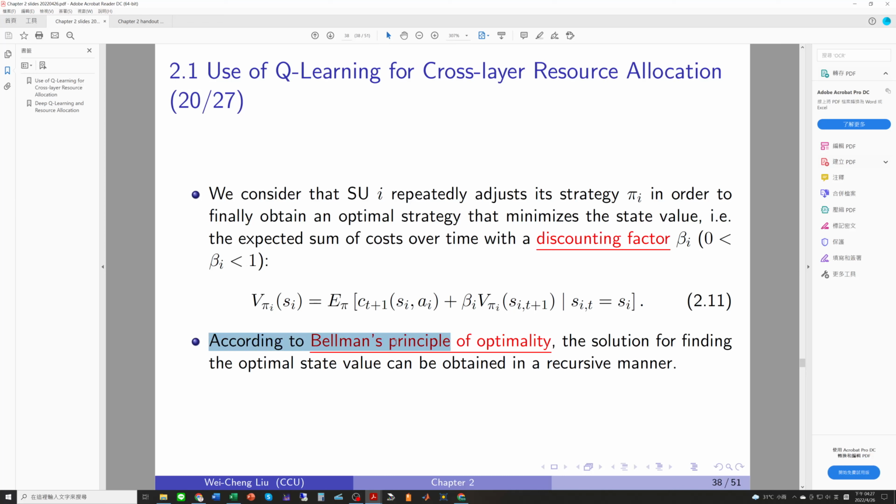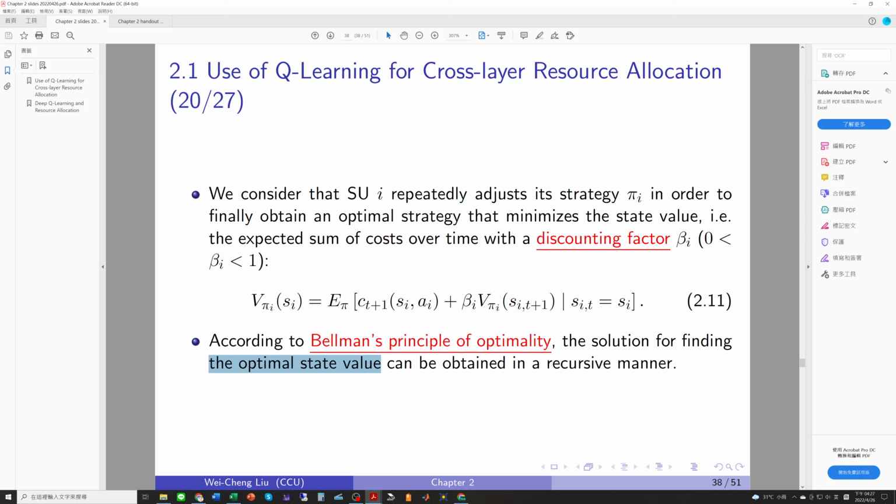According to Bellman's principle of optimality, the solution for finding the optimal state value can be obtained in a recursive manner. You can see that the optimal state value v pi i of Si is a function of v pi i of Si at t plus 1.